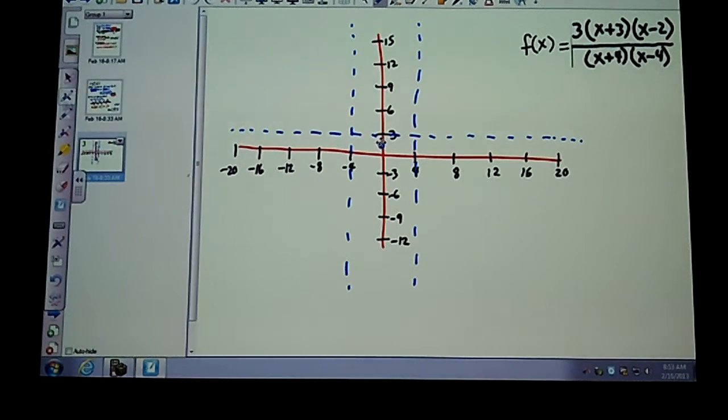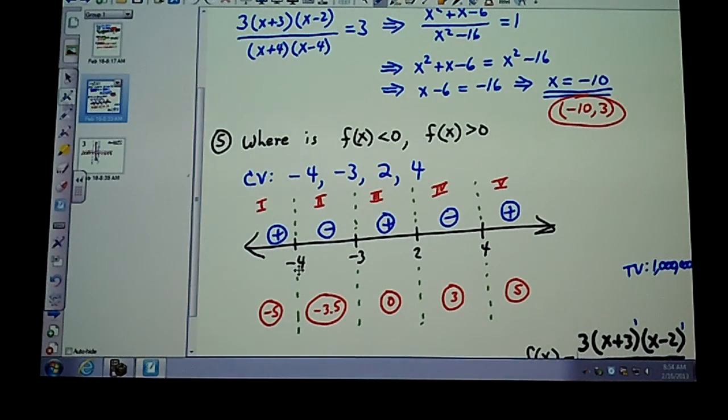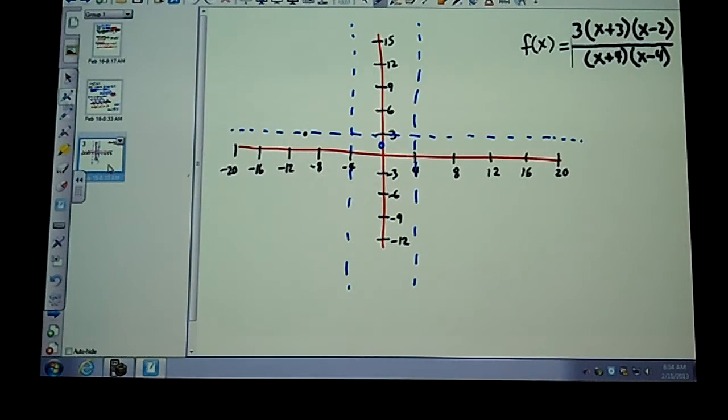One thing I also know is that the function will actually cross its horizontal asymptote here at -10. And looking at our number line that we had over here, when the graph is between negative infinity and -4, we will actually be above the x-axis, and then it alternates for each one of these critical values.